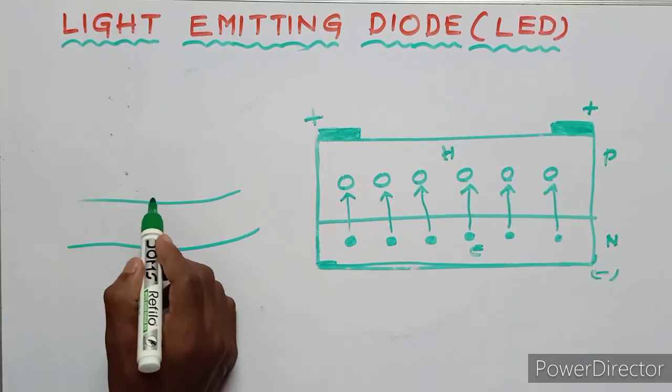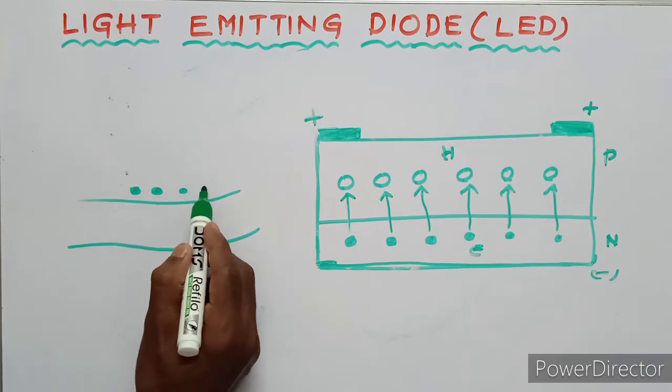The energy gap is released. These are all free electrons.